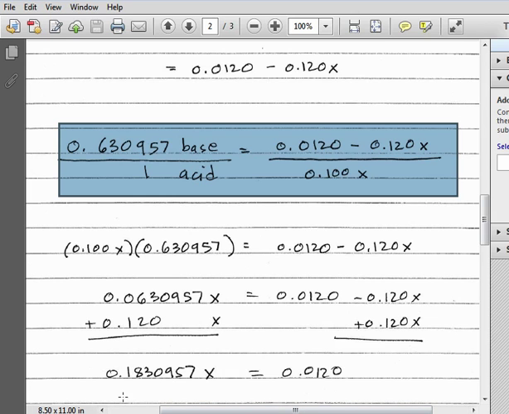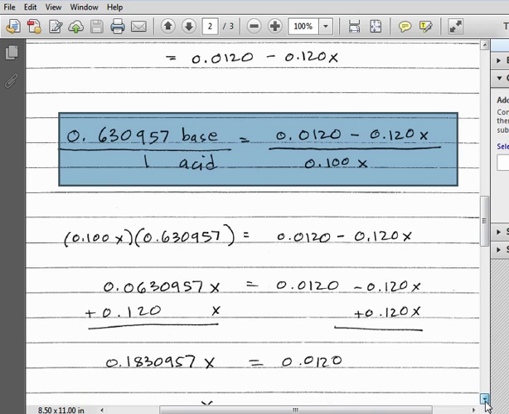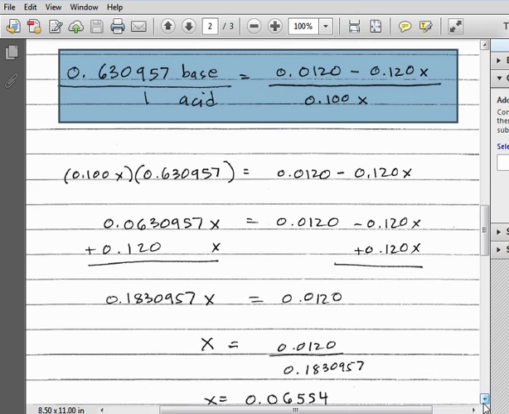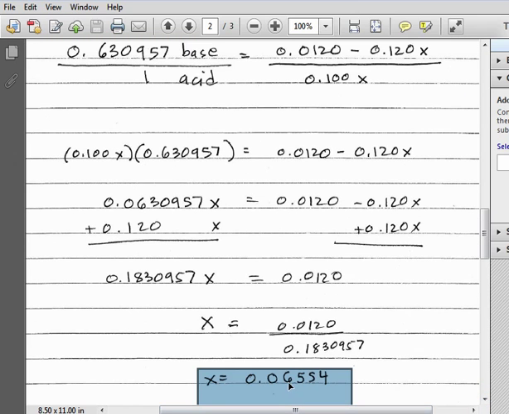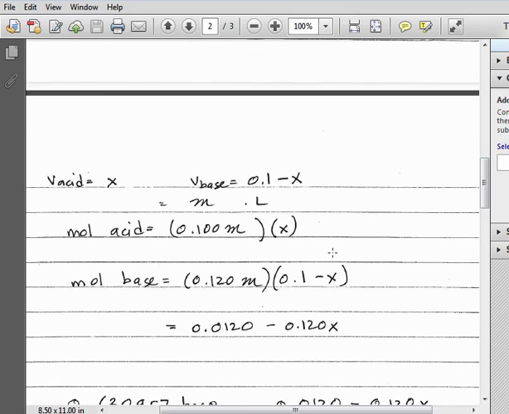Now I'm getting down to business. Now all I have to do is divide both sides by 0.1830957 to get x. And I get x is equal to 0.06554 liters. Now remember, this x was the volume of acid that I'm going to use.